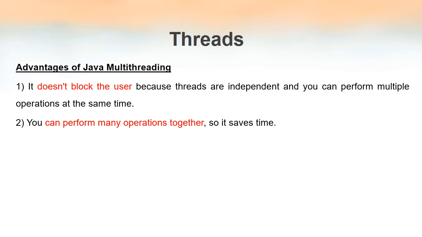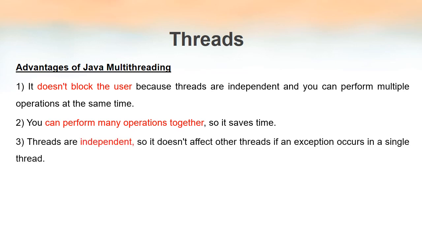Secondly, we can perform many operations together, so it saves time. Suppose we have a complex task to do, and if we create 4 threads, we can divide the same task between these 4 threads. All the 4 threads will work parallelly at the same time, so the entire complex task gets divided among these 4. Since they are doing it parallelly, the work completion will not take much longer, and we can save a lot of time.